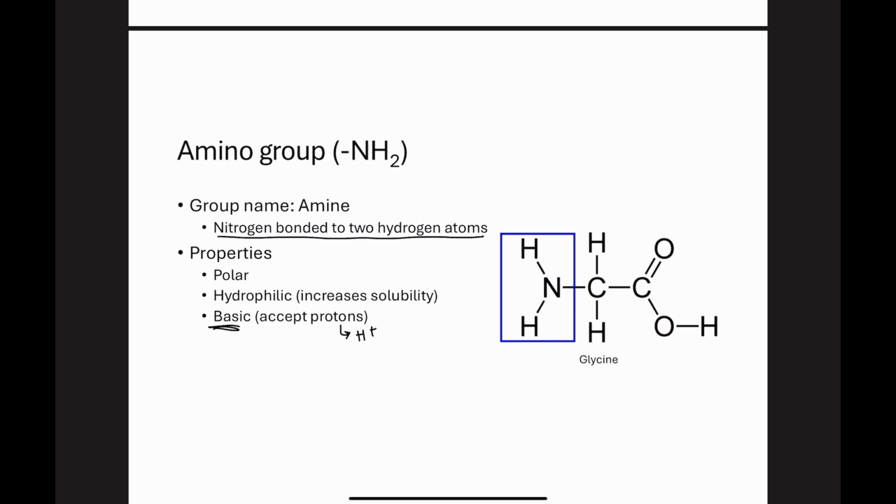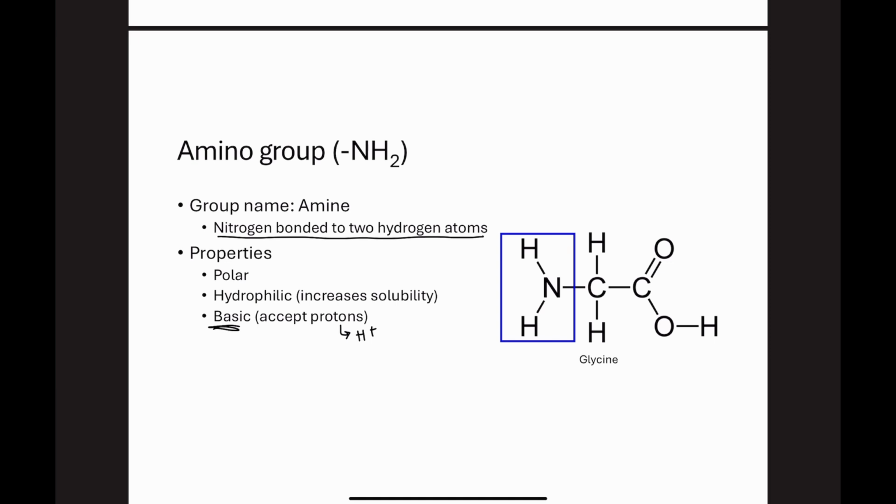So the nitrogen that we have in the amino group is going to have a lone pair of electrons, which makes it a nucleophilic site. That means that it can easily accept our hydrogen atoms, which are our protons. And that ability to accept those protons is what gives the amino group its basic properties.